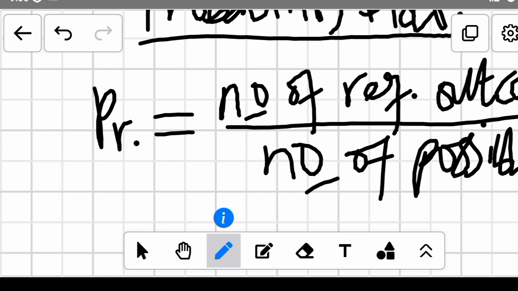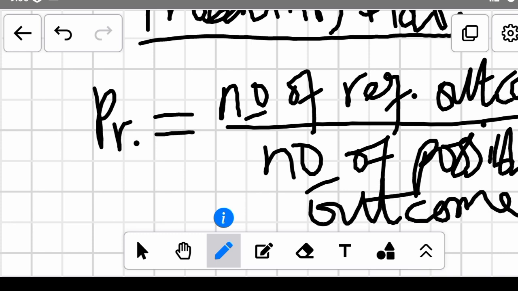When an event occurs, we have a certain number of possible outcomes you might get, and the required outcome is what you intend to have.